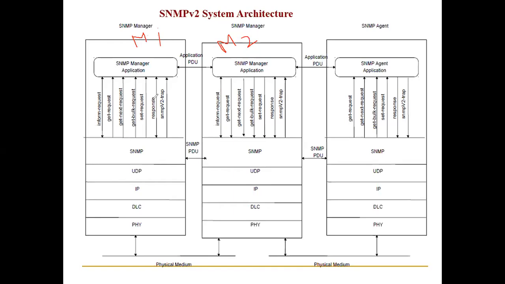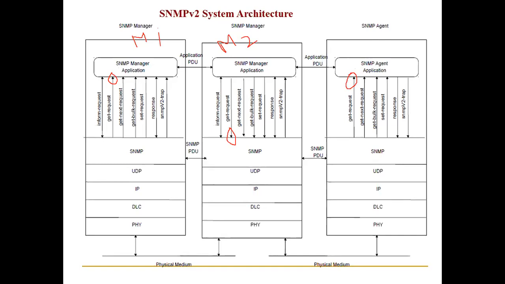Now seeing this arrow direction, which is my main manager? The manager that talks to the agent, which is my main manager? Can anybody tell? Seeing this arrow direction, this one, this one. Yes, can you tell? Please think. M2. How?